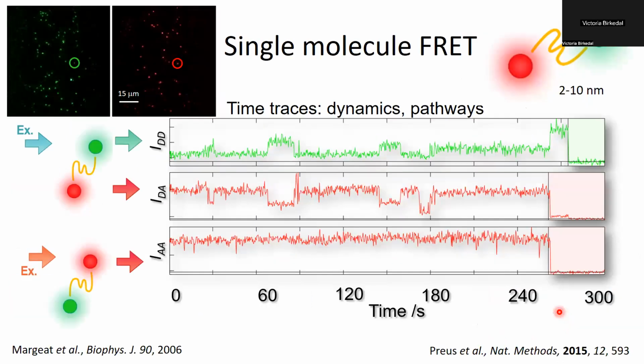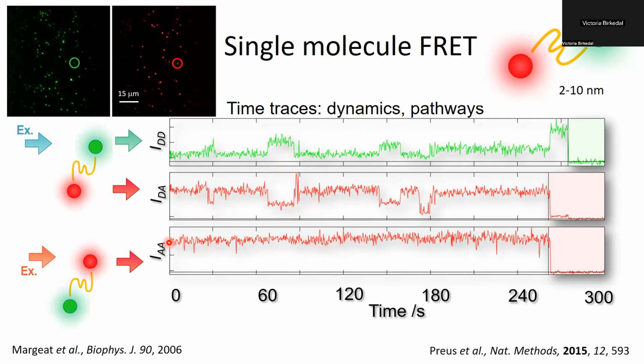Good. So this single molecule FRET, the way it works is that we have this construct that's labeled with a donor and an acceptor. And here it's immobilized on the surface, so you can maybe see donors and acceptors. And then we follow that as a function of time. Here you can see that the donor is changing as a function of time, and the acceptor is changing, and it's anti-correlated because they're coming together and away, right?